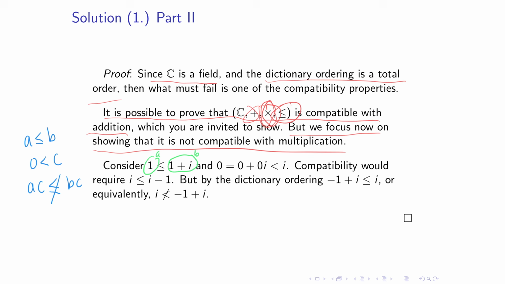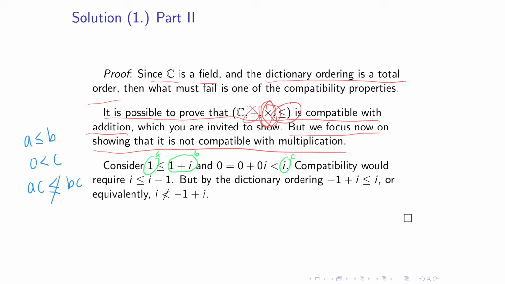And note that A and B have the same real component, 1. A has imaginary component 0, and B has imaginary component 1. Therefore, by the dictionary ordering, since they are tied in the real component, but B has a bigger imaginary component, then B is bigger. Okay, so there's my A and B, and next let's choose C. I'm going to choose C to be the number i.